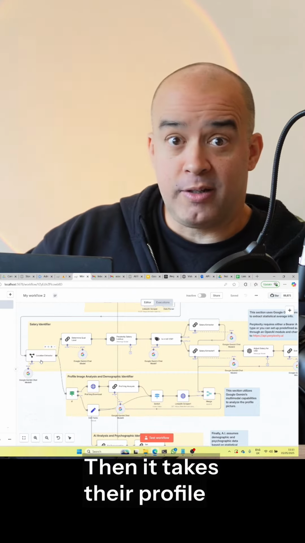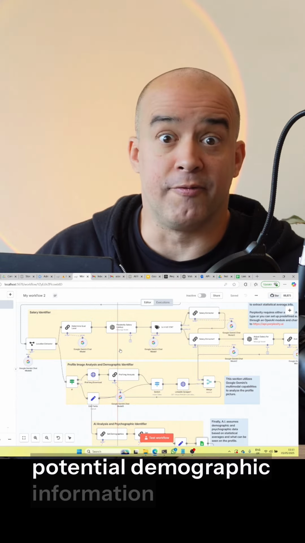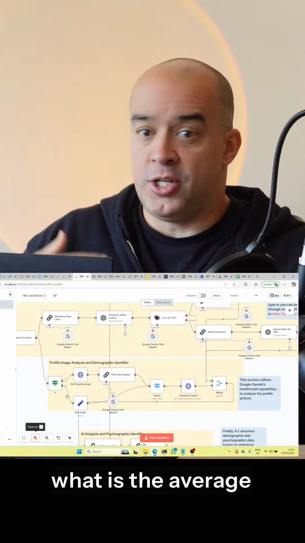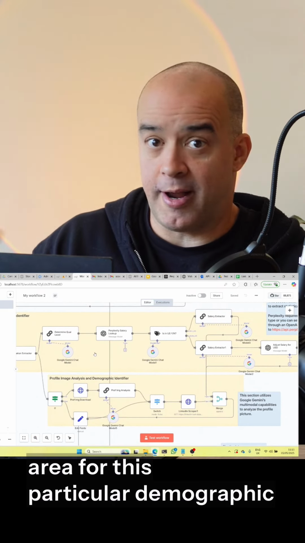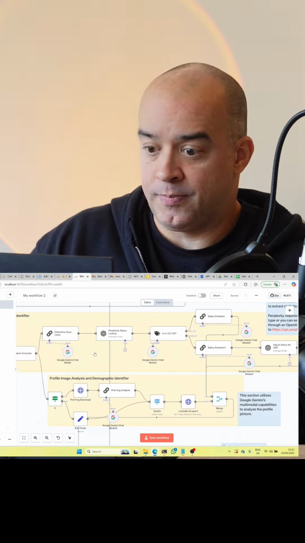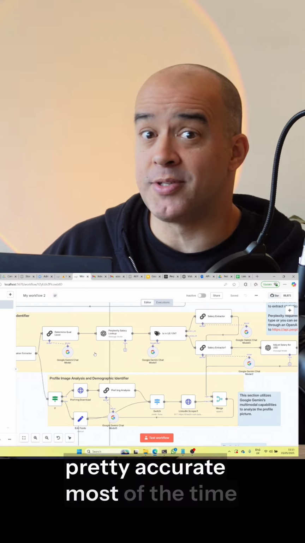Then it takes their profile information and their profile picture and deduces potential demographic information. It uses that to find out the average economic situation in this particular area for this particular demographic. With those statistical averages, you're able to create a pretty robust profile that is going to be pretty accurate most of the time.